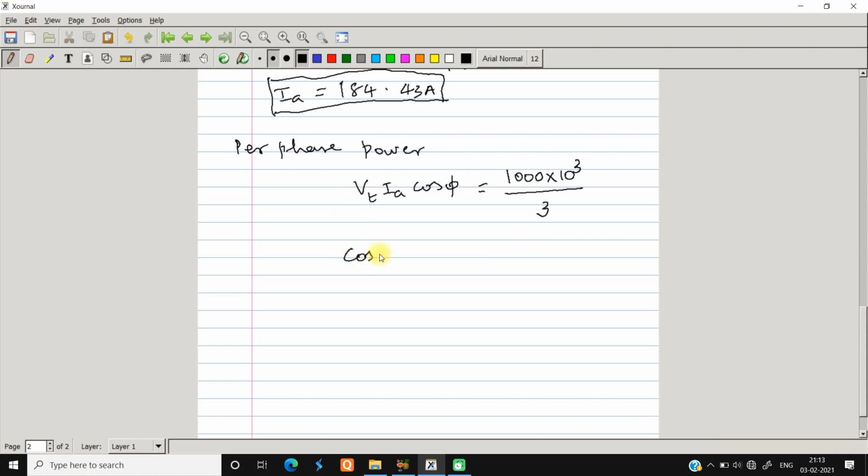So the cos phi is going to be, with this Vt and Ia also as per phase values, 1000 into 10 power 3 divided by 3 into the Vt value, which will be 1905.3, into the Ia value, which will be 184.43.